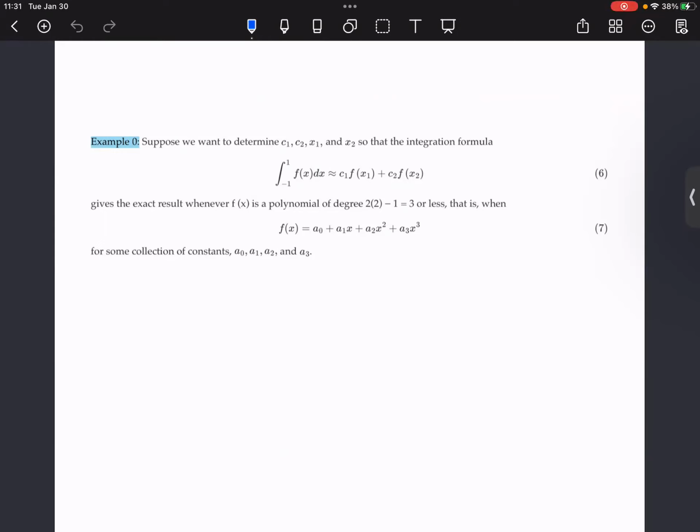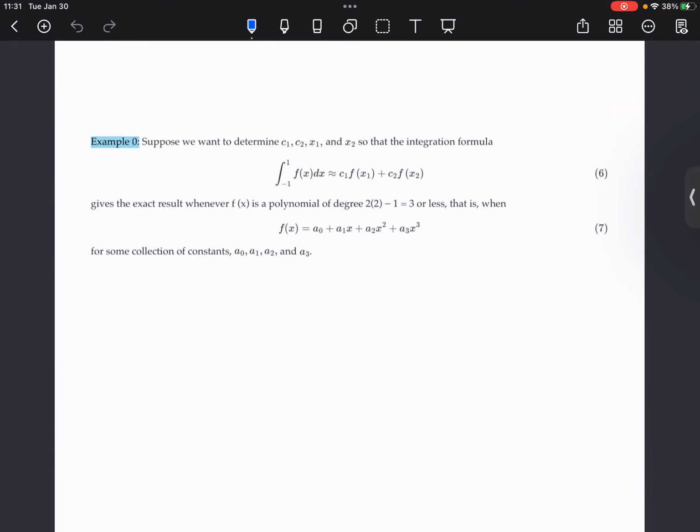That is just the coefficients for that polynomial. If we apply this f(x) to that quadrature rule, it should be exact. If we expect this quadrature rule has degree of precision 3, then putting this f(x) into the quadrature rule should give the exact value.